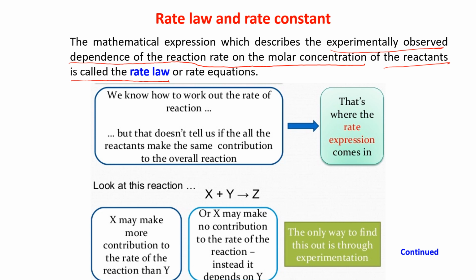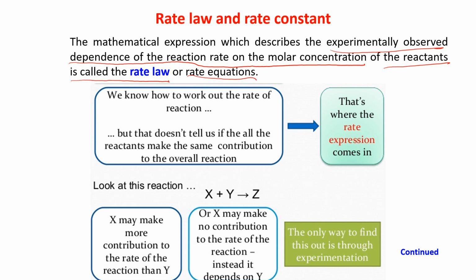How the rate of a reaction depends on the molar concentration of the reactants, as observed experimentally, is known as the rate law. That is theoretical, whereas experimentally we may get something different from the theoretical value. It is also known as the rate equation. I hope you have understood that.